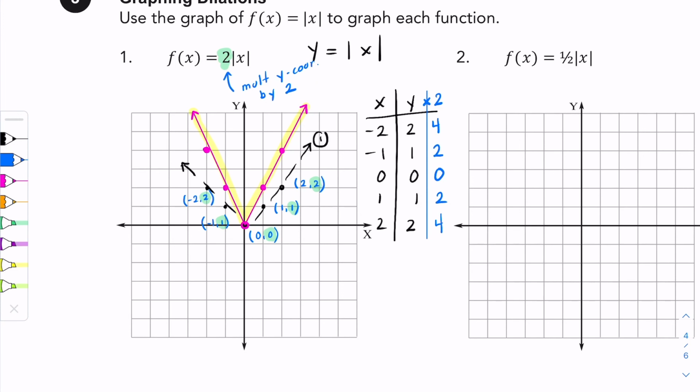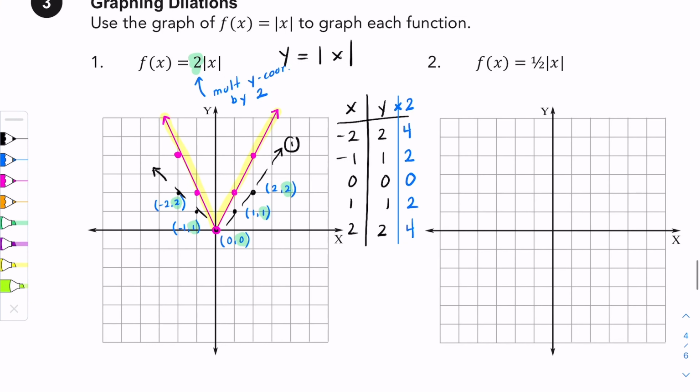Then you would graph your new ordered pair, so your new x value with your new y value. That point is at (-2, 4). That's the point we graphed right here. Next we have (-1, 2). That is this point right here. Next (0, 0), then (1, 2), and (2, 4).